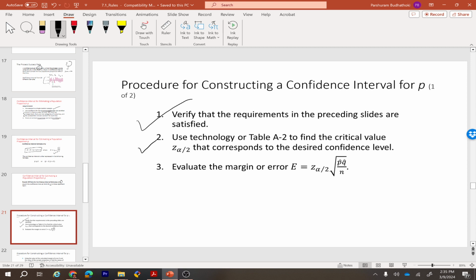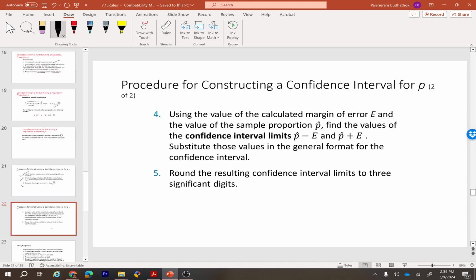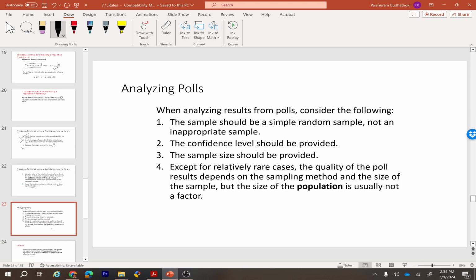And there are different ways to calculate the confidence interval. We are going to use technology like StatCrunch, and this is the margin of error, and we can calculate the confidence interval by finding these two values. And then the rounding is 3-digit rounding.